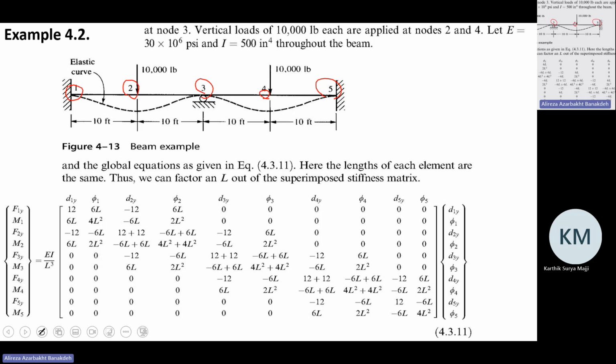We are working in the beams area. So for each node, we have 2 degrees of freedom, 1 vertical and 1 rotational. So 5 nodes times 2 means 10 degrees of freedom. In your coursework, you have, I don't know how many joints you had, 6. So 12 degrees of freedom.